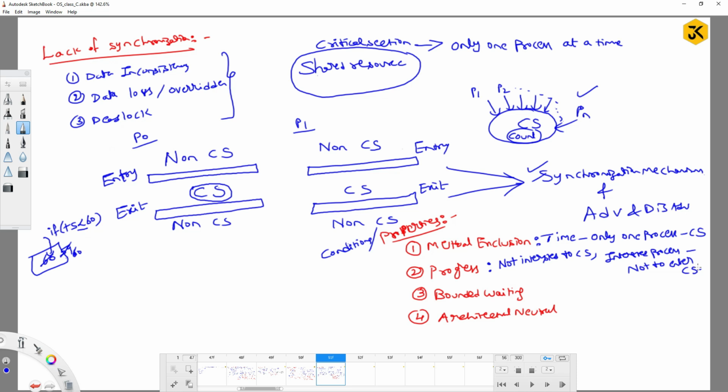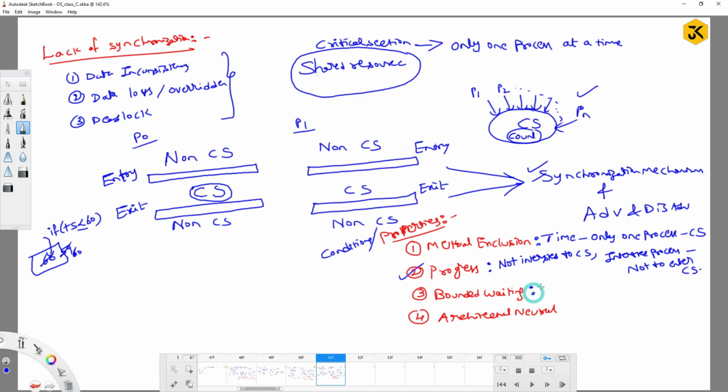Then suppose the 4 students motivate the other student, don't go inside the class because the class might be boring, or some other reason whatever they say, so that the person also won't enter into the class. That is what we call progress, right? The process which is interested to enter might not be allowed by some other process to enter into the critical section. That is what we call progress.